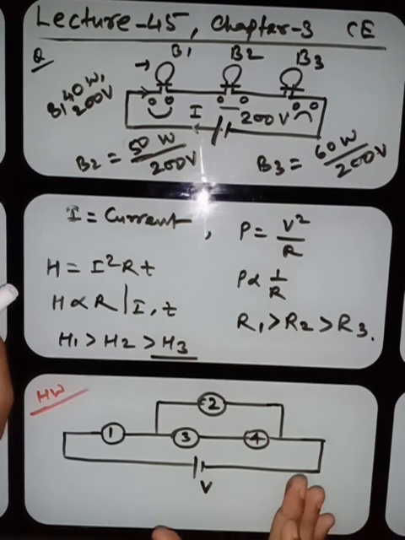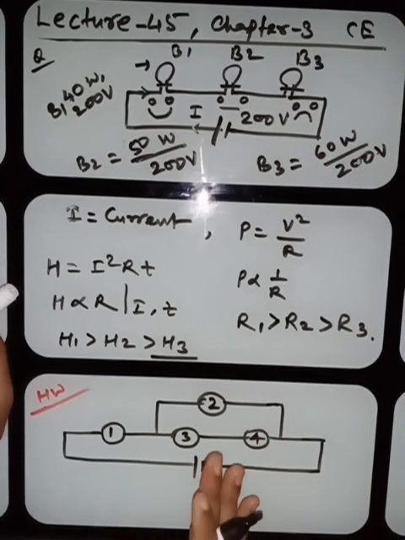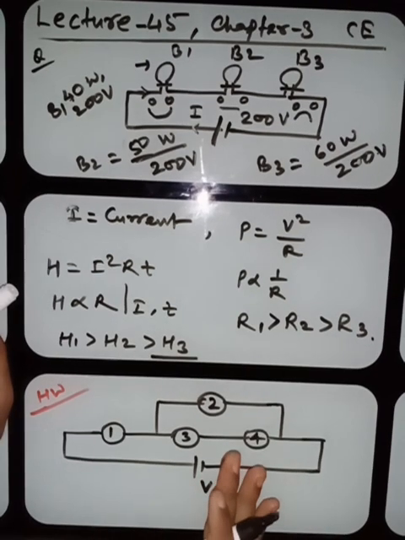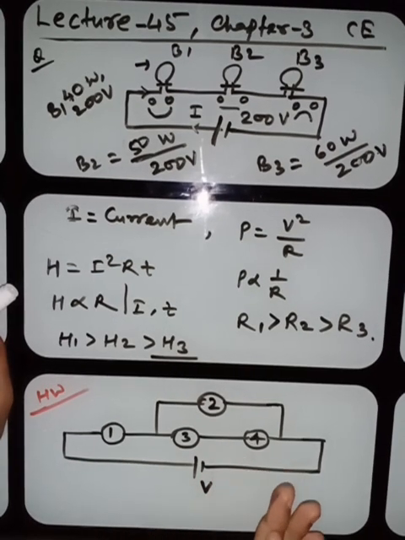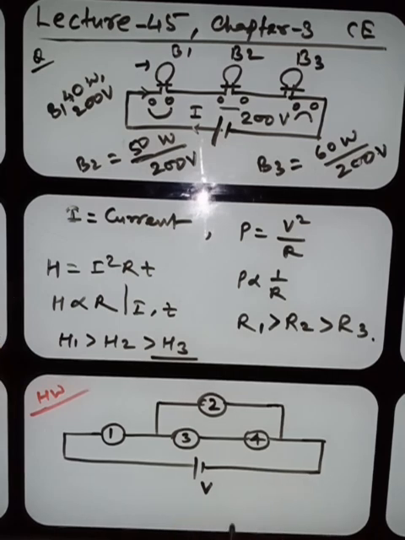Listen carefully to the question. You have to arrange these bulbs according to brightness, which will glow more first, then after that, and then the least one. You have to arrange all the bulbs according to their maximum brightness.